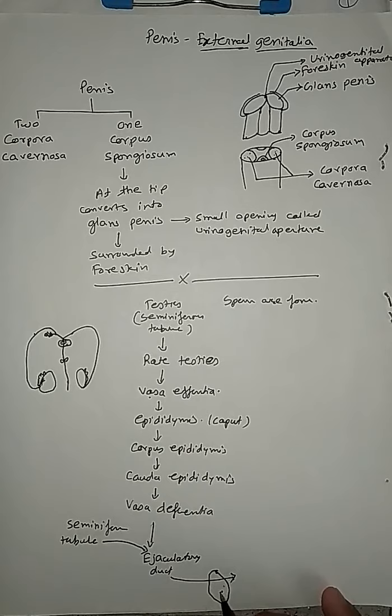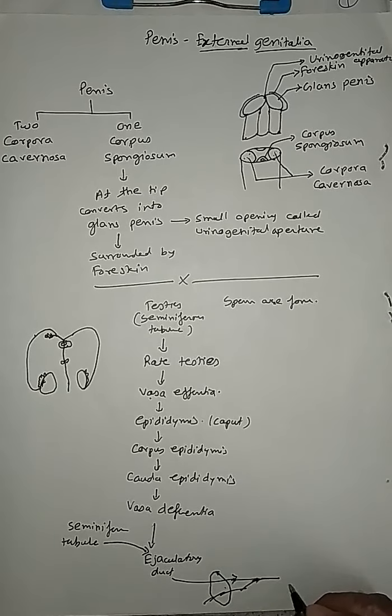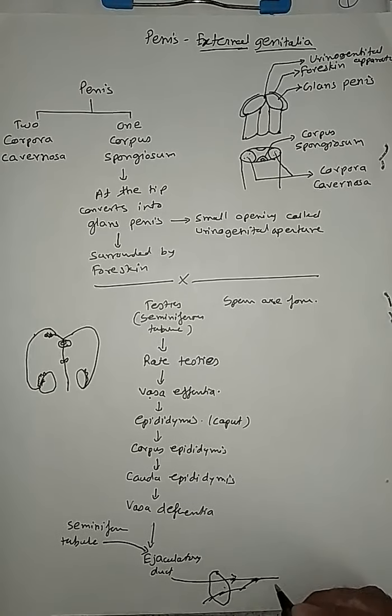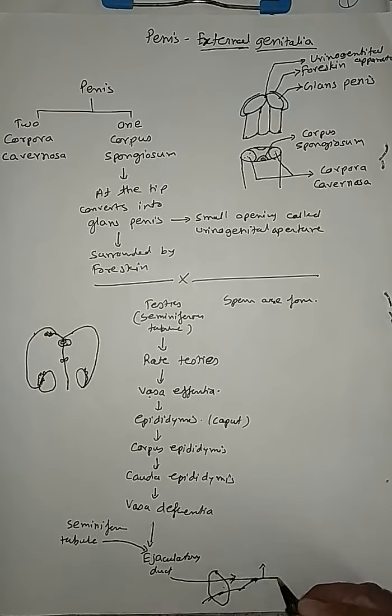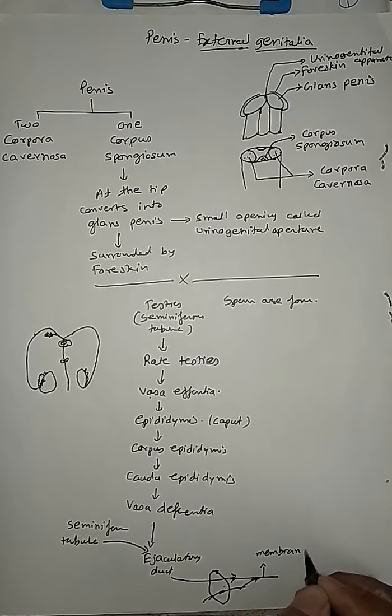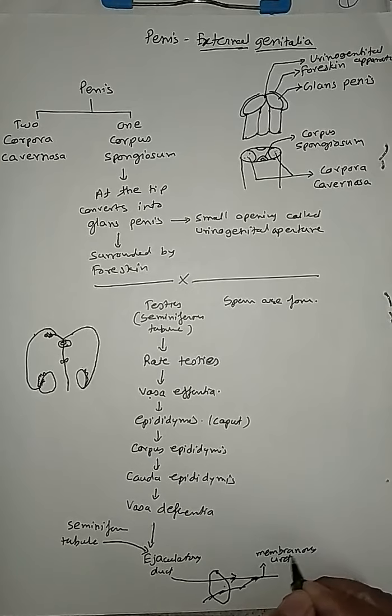The prostate gland also surrounds the urethra, which is coming from the urinary bladder. Then they combine together and form the urethra. The region where they combine is called the membranous urethra.